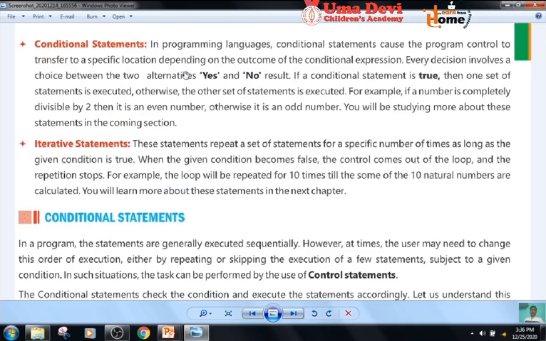Every decision involves a choice between two alternatives, yes and no. If a conditional statement is true, then one set of statements is executed, otherwise the other set of statements is executed. For example, if a number is completely divisible by 2, then it is an even number, otherwise it is an odd number. You will be studying more about these statements in the coming section.